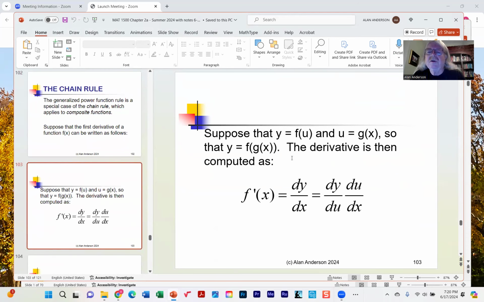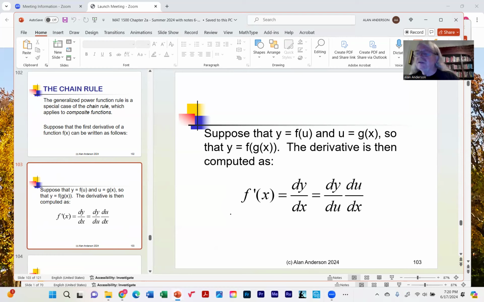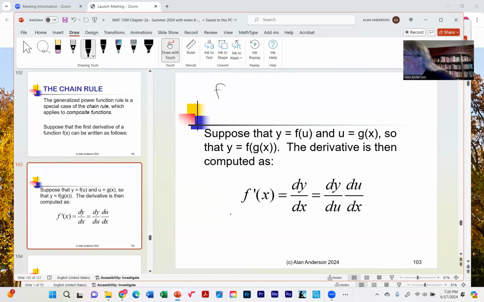Okay, so first of all, what we're going to do is rewrite our problem a little bit. This notation is a little bit different than what we've been seeing. You'll recall from the beginning of this chapter, the first derivative can be written in a few different ways. We haven't really been using the dy dx notation, but sometimes it does come in handy.